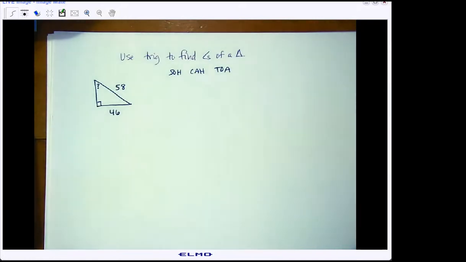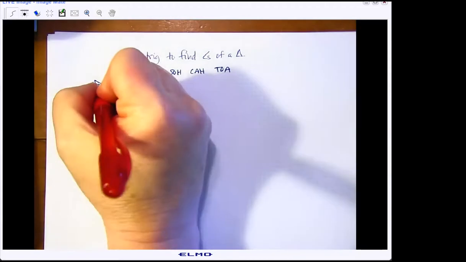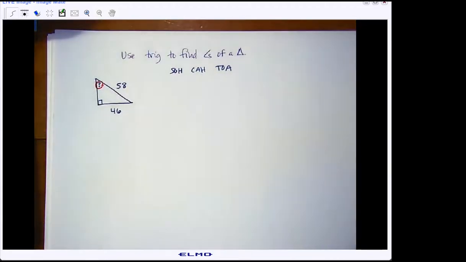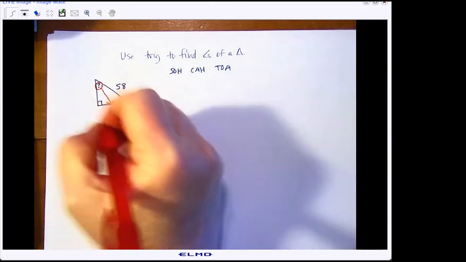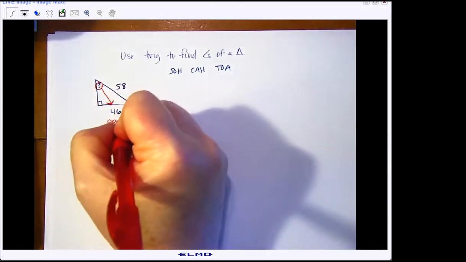So we are still doing the same exact thing that we've been doing. It's not changing. The process of solving will be a little different, but the process of setting it up is still the same. There's my angle. It doesn't have a name. You can call it X, but opposite that angle that we're trying to find is still my opposite side.